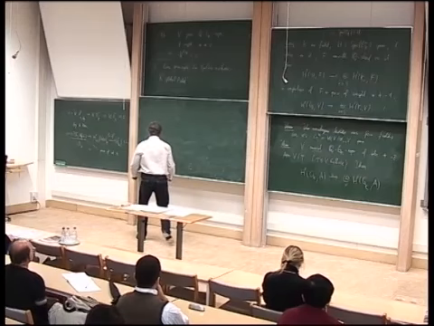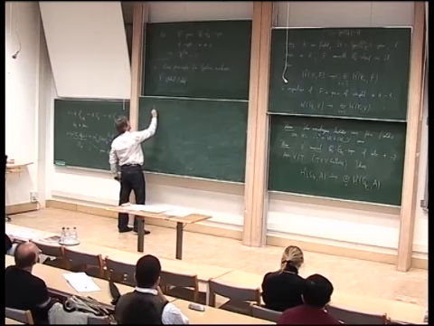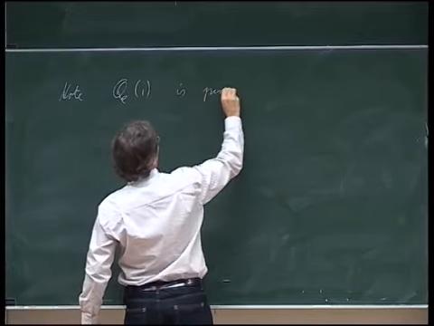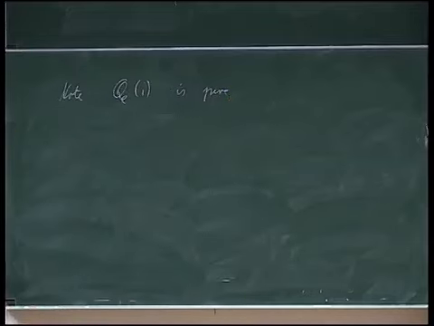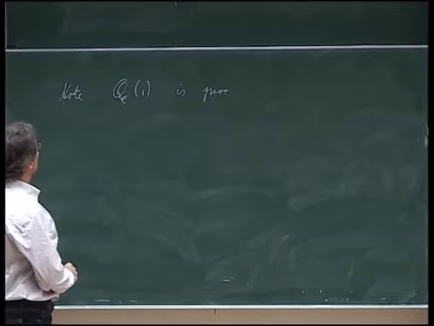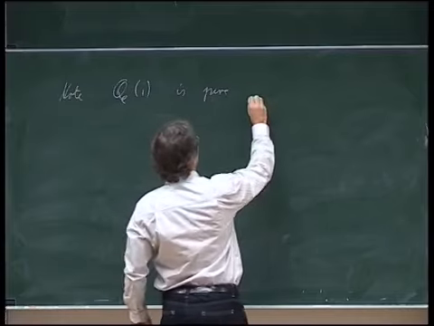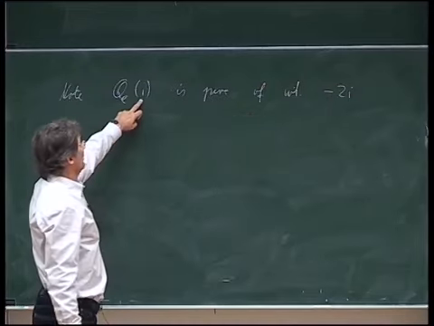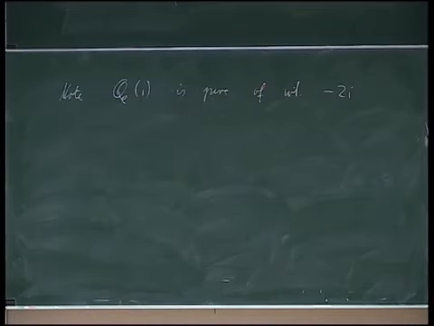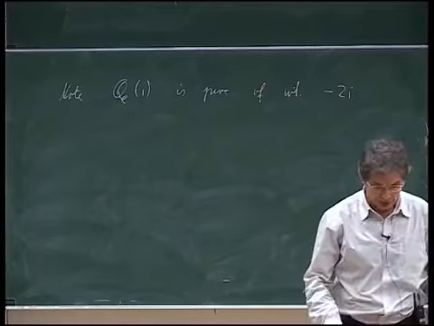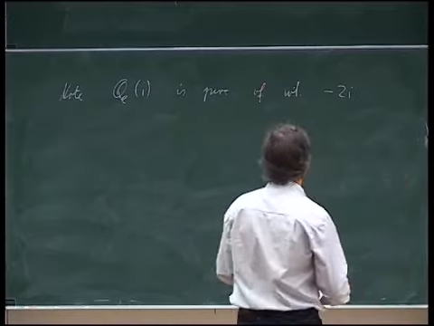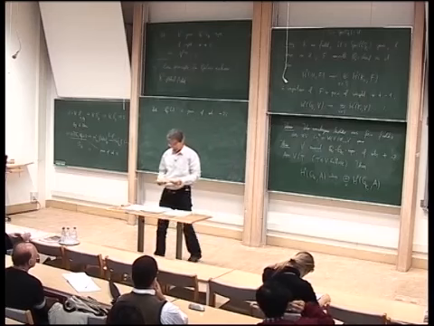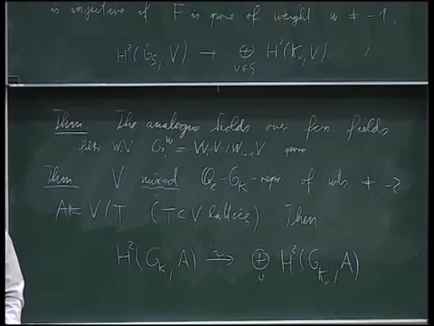Note that Q_l(i) is pure of weight -2i, by passing to Z_l(i) from the previous definition and then tensoring with Q_l. So if this is 1, I exactly have the situation that this kind of Hasse principle does not hold. And it's known that there are representations of weight -2 where you do not have this isomorphism, you have some kernel.